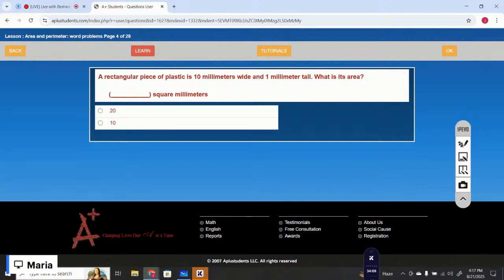A rectangular piece of plastic is 10 millimeters wide and 1 millimeter tall. What is the area? So which is the correct option? That is 10. Option number 2 is the correct option.